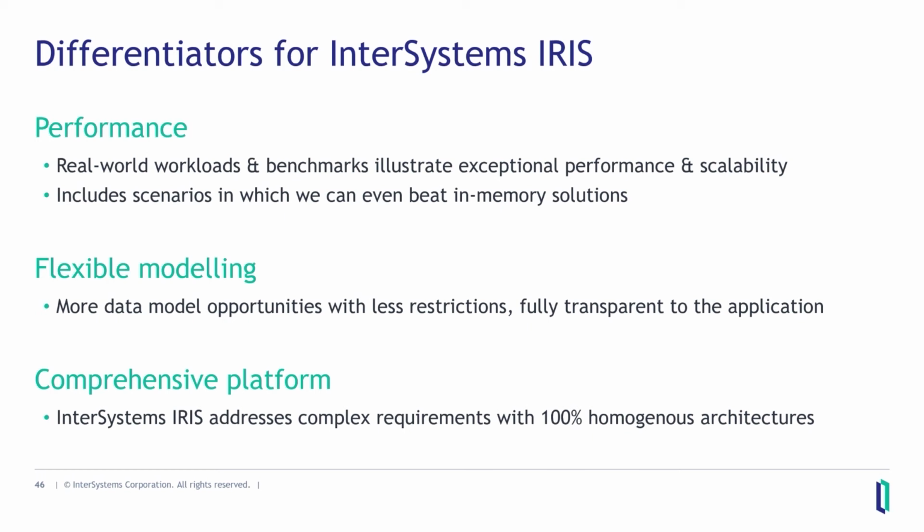We don't need to put Redis or Times Ten or GridGain in front of the data store to provide you these low latencies with a caching layer. No, it's also InterSystems IRIS instances in the compute layer, whereas other solutions will use third-party technology. So it's a 100% homogeneous architecture that can give you this as one single platform.